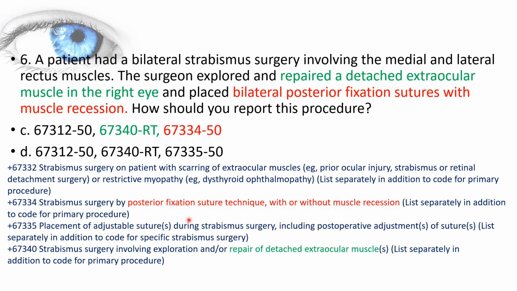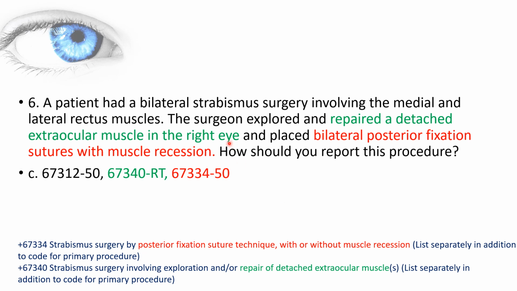So if we go through the question, we can find what? That is posterior fixation. Bilateral posterior fixation suture with muscle recession. So we can code what? 67334. 67334. C. One more code under 67340 RT. So what is it?